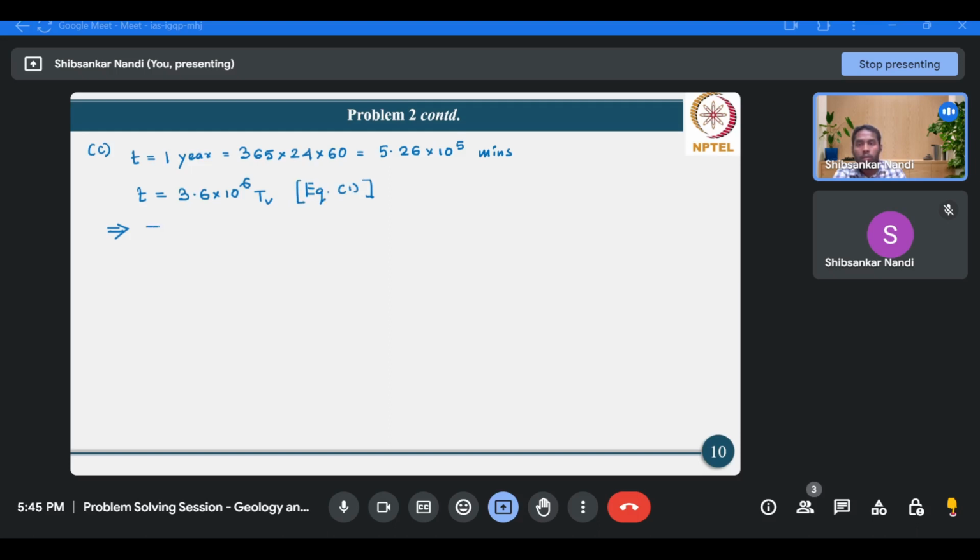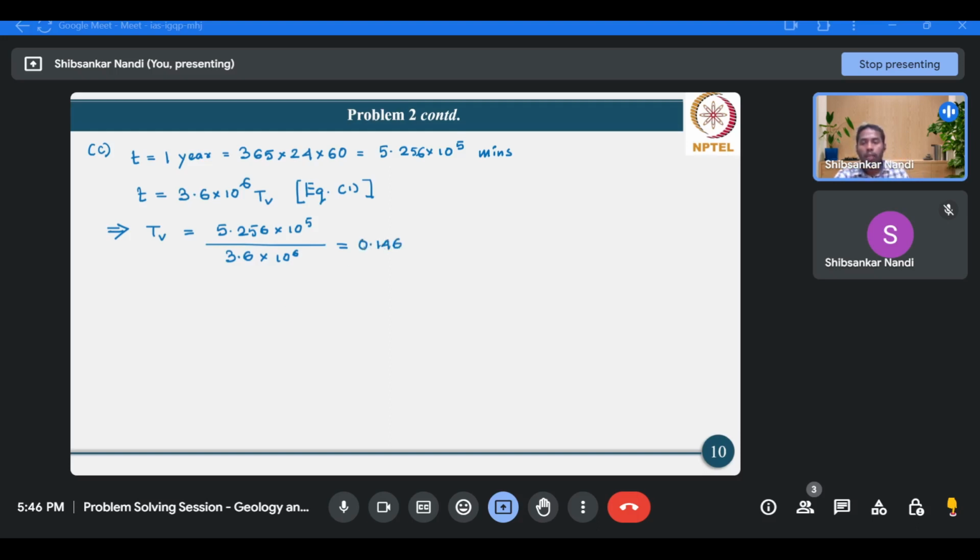Therefore your TV value would be 5.256 into 10 to the power 5 divided by 3.6 into 10 to the power 6. So the value would be 0.146.